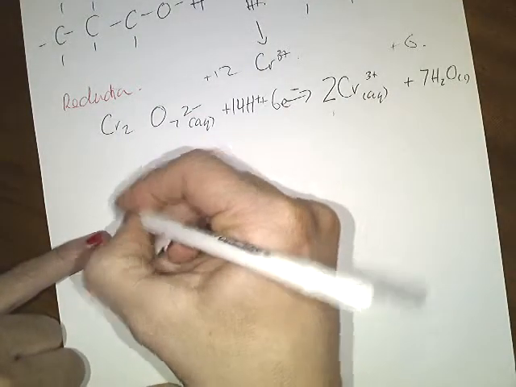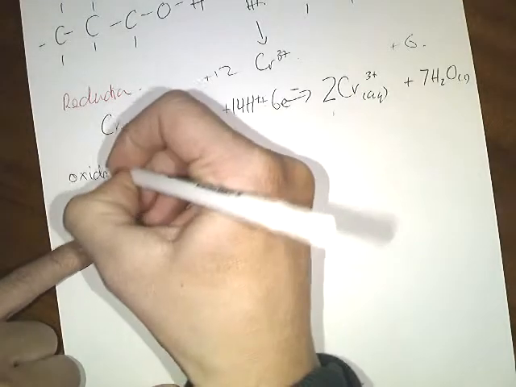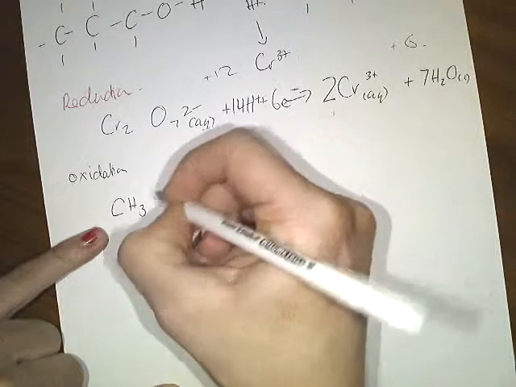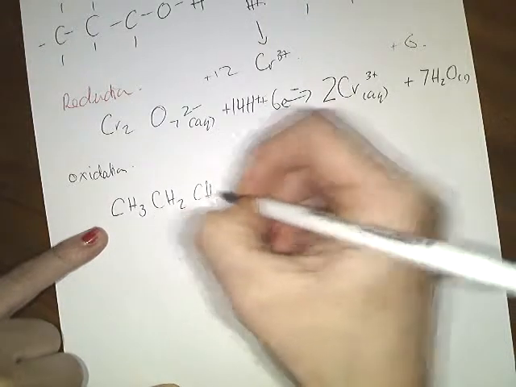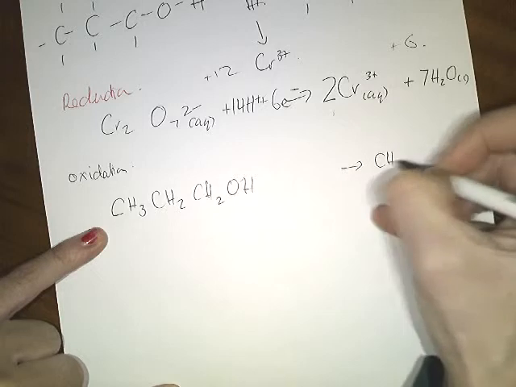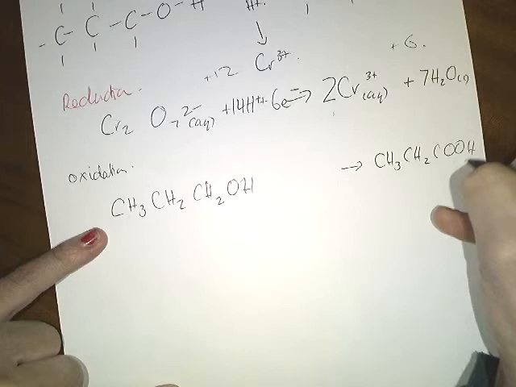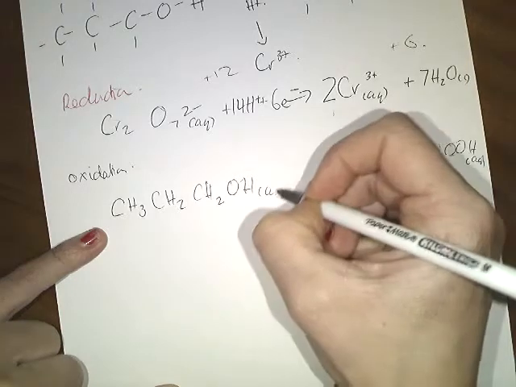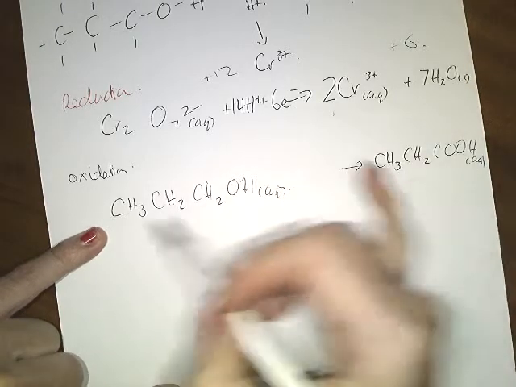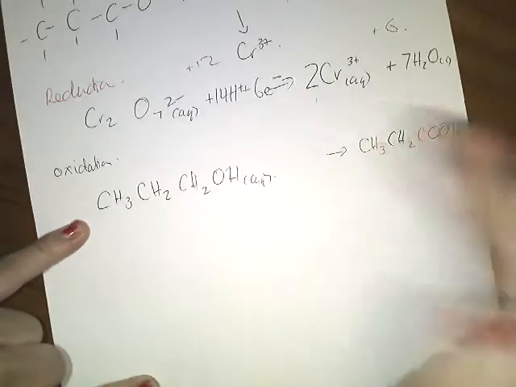Okay, then we'll do propanol, CH3, CH2, CH2OH goes into CH3, CH2, COOH, and this will be oxidation. This is aqueous and that's aqueous. So balance for elements other than H and O, they both have 3 carbons, so that's all good.